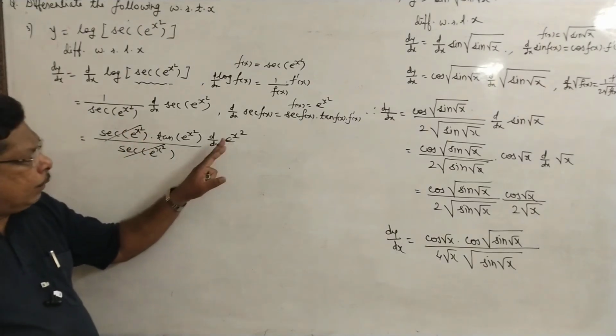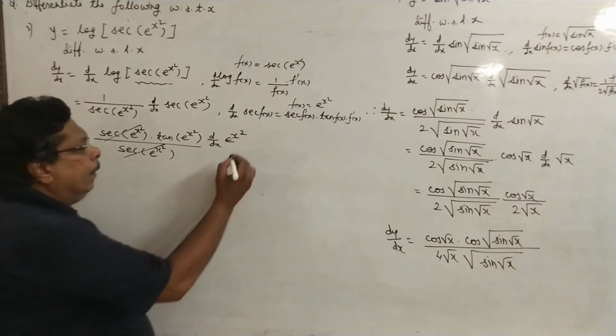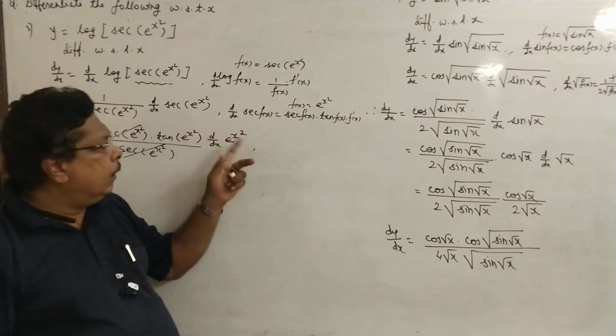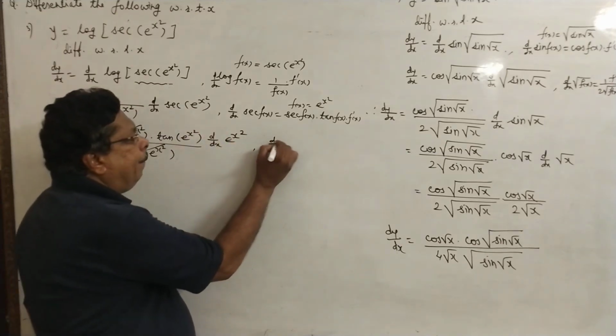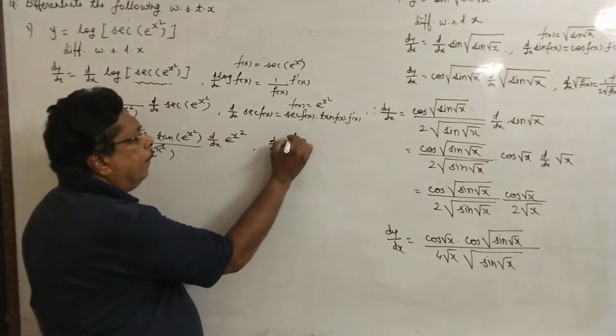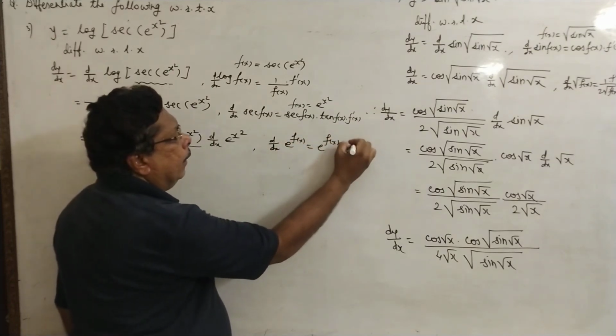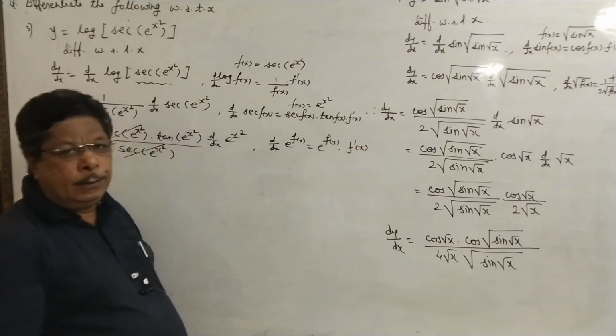Now here we have to take the derivative of e raised to x square. We know that the derivative of e raised to x is e raised to x. The derivative of e raised to f(x) is equal to e raised to f(x) into f dash x.